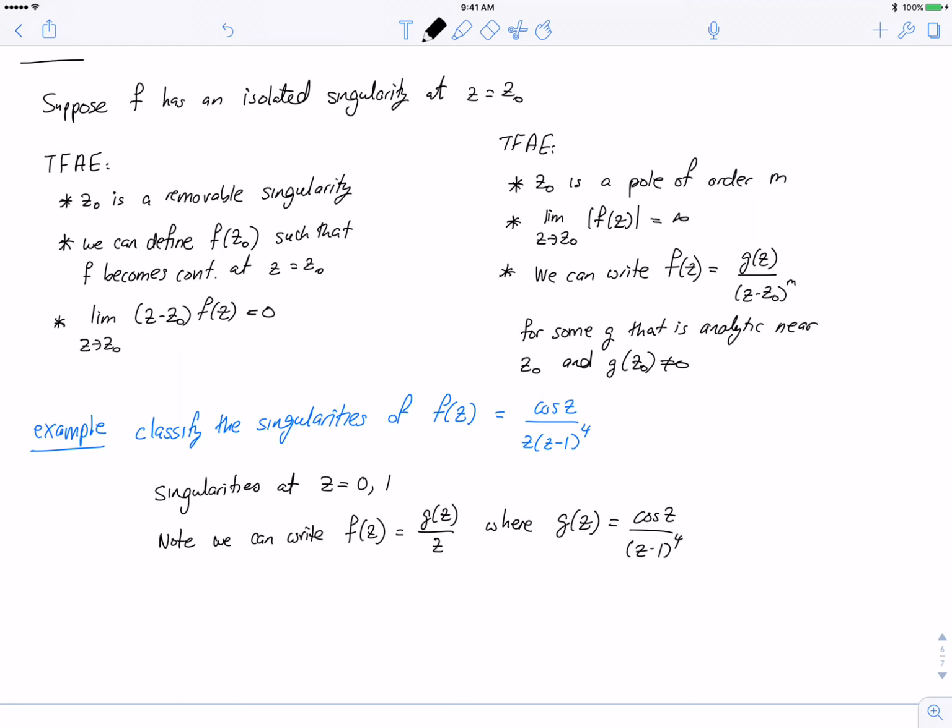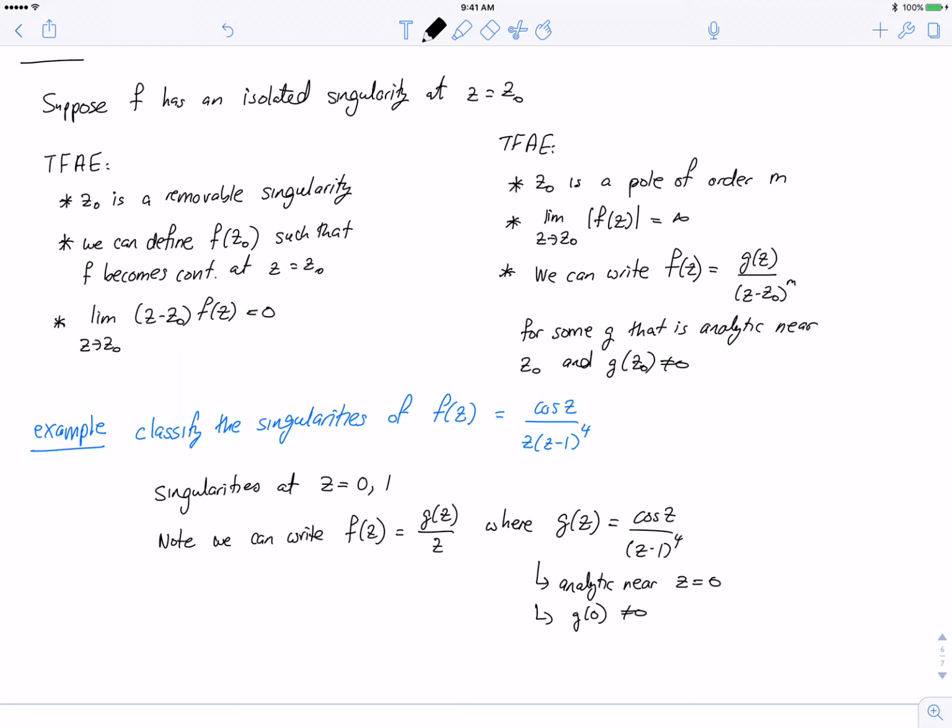Now, what do you notice about g? It's analytic near z equals 0. The only place where it's not analytic is z equals 1, so I can find some neighborhood near 0 where g is analytic. And also, g of 0 does not equal 0: it's cos 0 on 1, and cos 0 is 1.